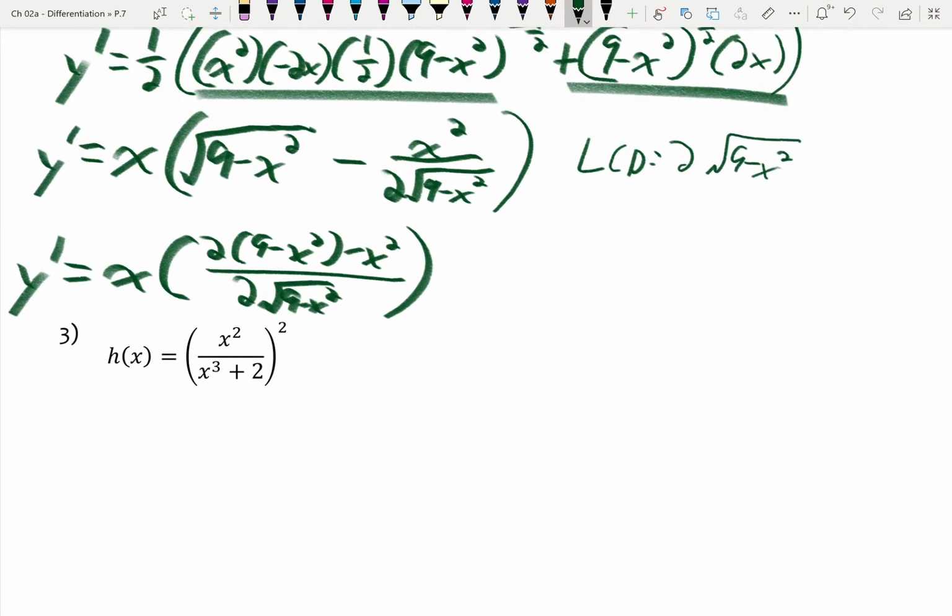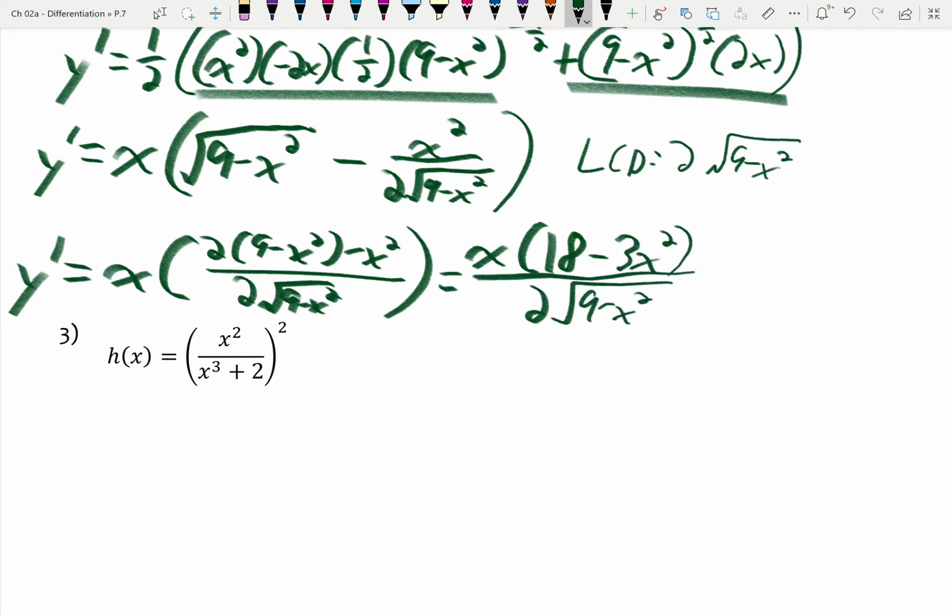Now we continue with a couple of strategies to clean this up more. Let's distribute, and I'm going to move the x to the numerator so I can keep everything in a nice rational form: 18 minus 2x squared minus x squared is minus 3x squared over 2 root 9 minus x squared.